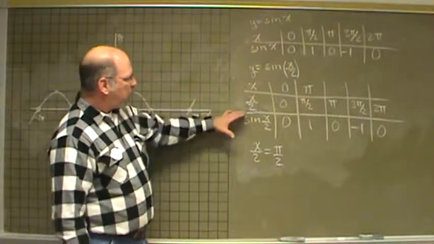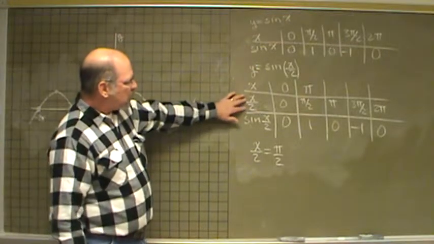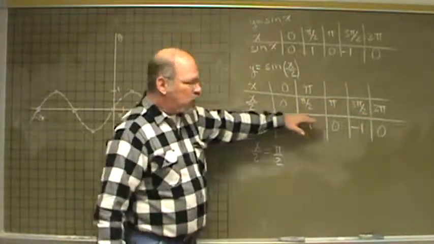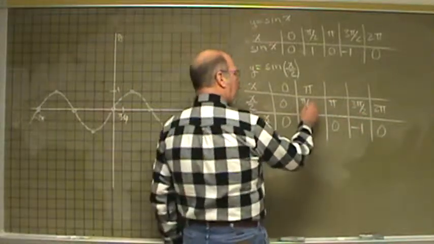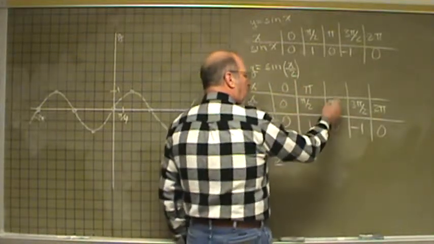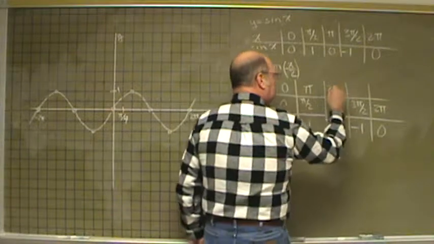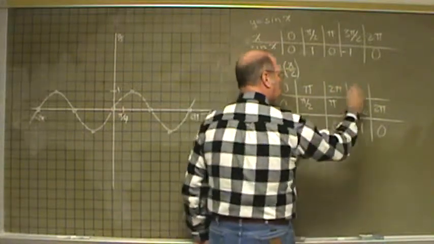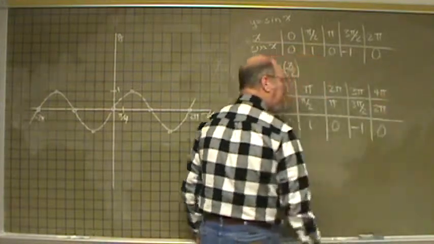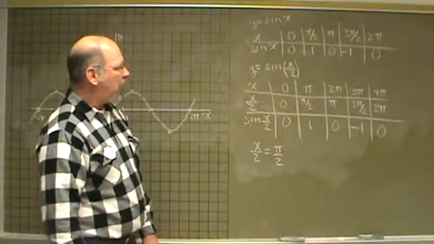Solving this equation, you're just going to multiply all these numbers by 2. So pi over 2 becomes pi, 0 stays 0, pi becomes 2 pi, this becomes 3 pi, and this becomes 4 pi, because 2 pi times 2 is 4 pi.